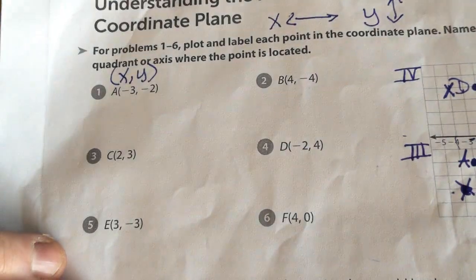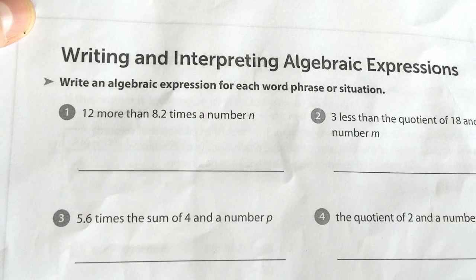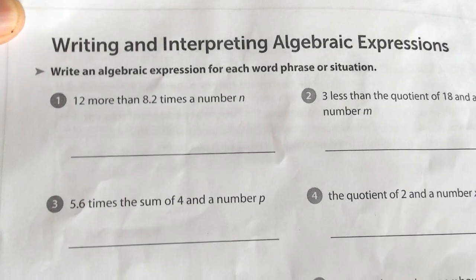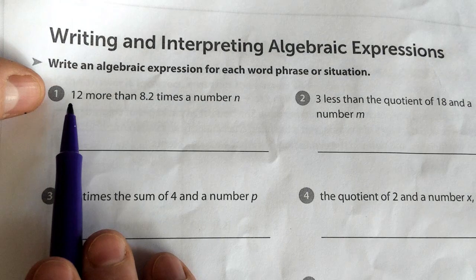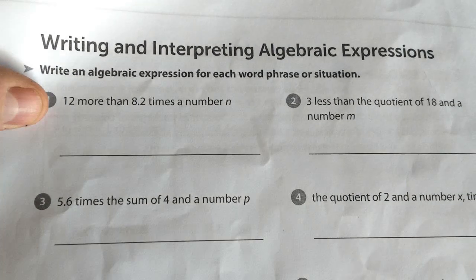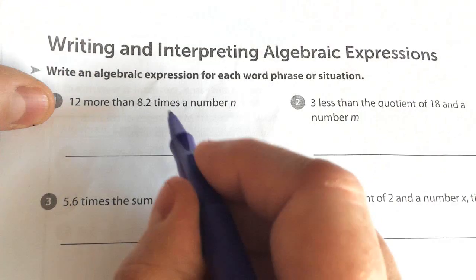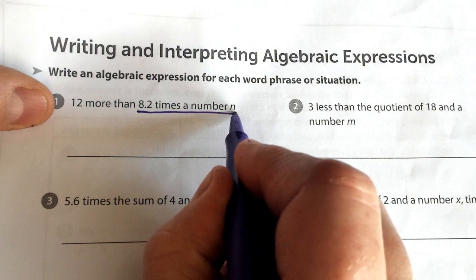So tomorrow, which is the 7th, Tuesday, we're going to work on writing and interpreting algebraic expressions, which is one of the last things that we did before we left. Some of you had trouble with ones like this where it says 12 more than 8.2 times a number n. So I'm going to do the first one with you to get you started. You start with this part, 8.2 times a number n.